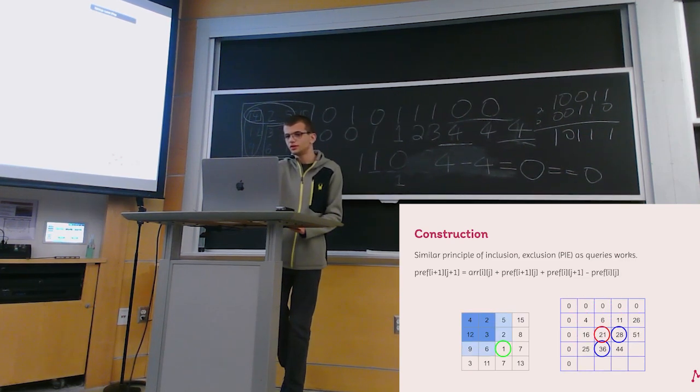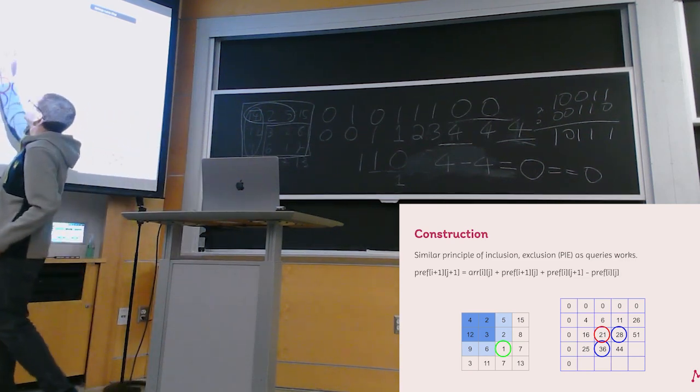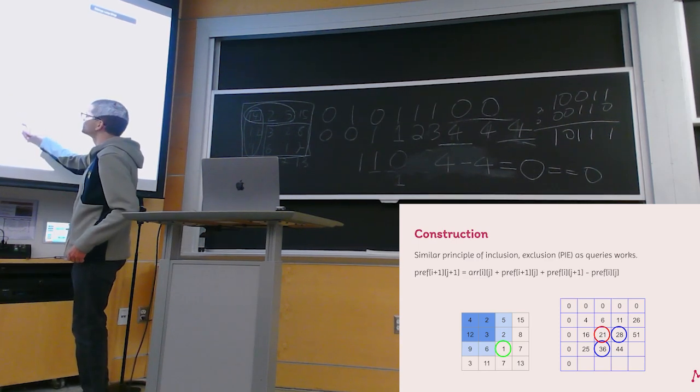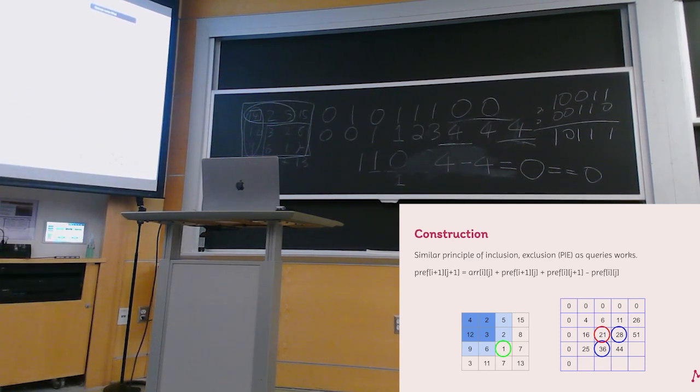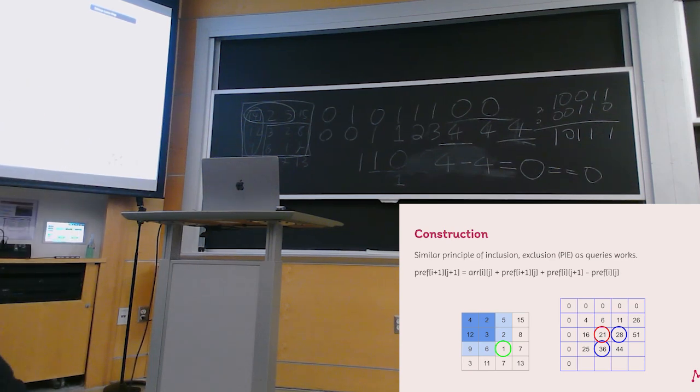So I think this is a pretty good example. We will use this formula where, to calculate this value in the prefix sum array, which corresponds to this entire rectangle, we take this rectangle and add this rectangle to it. But all of these values we've double counted, so we subtract that, and then finally we add this single value to compute this larger rectangle.